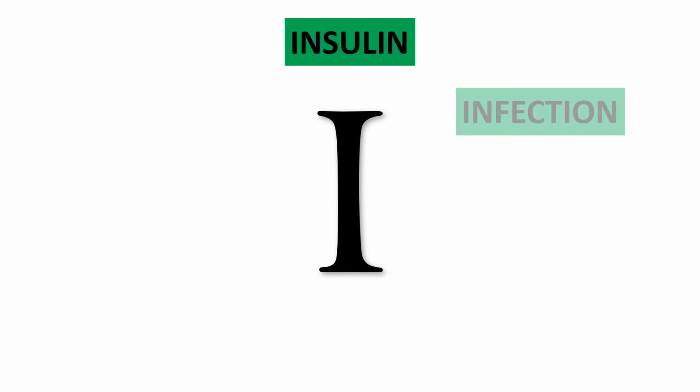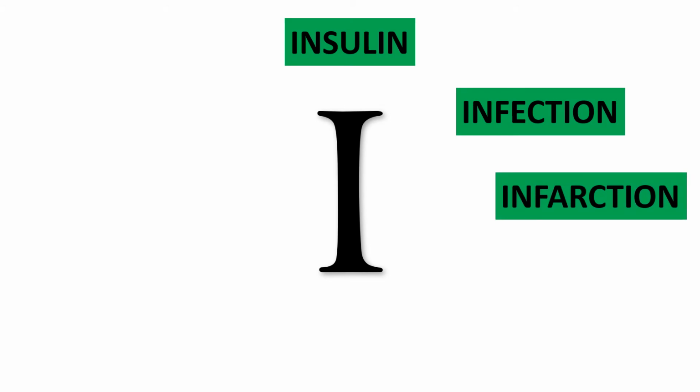It is just as important to understand what precipitated DKA in order to prevent recurrences of diabetic ketoacidosis. I like to remember this with the I's as causes of DKA. The first three I'll start off with are insulin, infection, and infarction. Insulin can be an inadequate dose of insulin, an inadequate storage of insulin, or noncompliance with insulin.